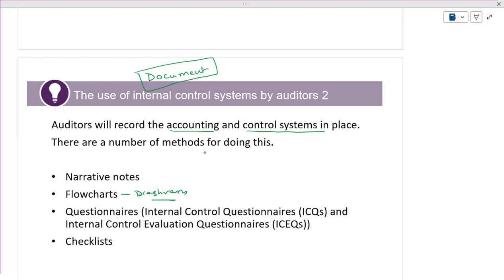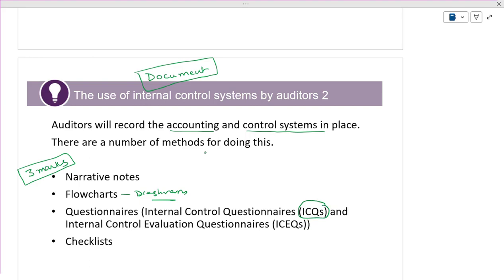This is also somewhere around 3 marks. 3 marks, that's all. I'm not giving more; I'm measuring it very precisely. 3 marks, very easy. How? Narrative notes, flow charts, and you have 2 more things, internal control questionnaires and internal control evaluation.